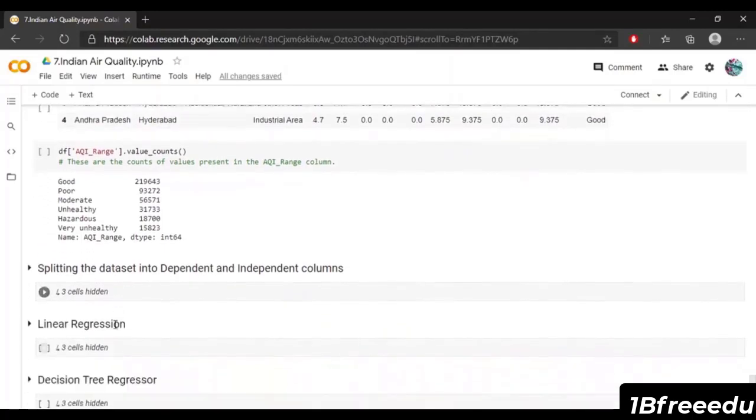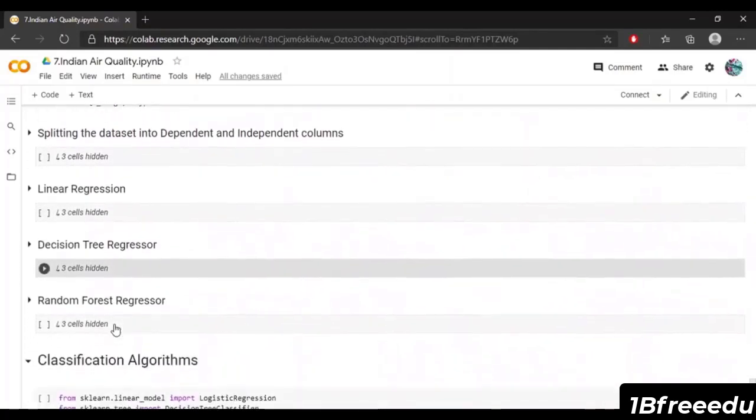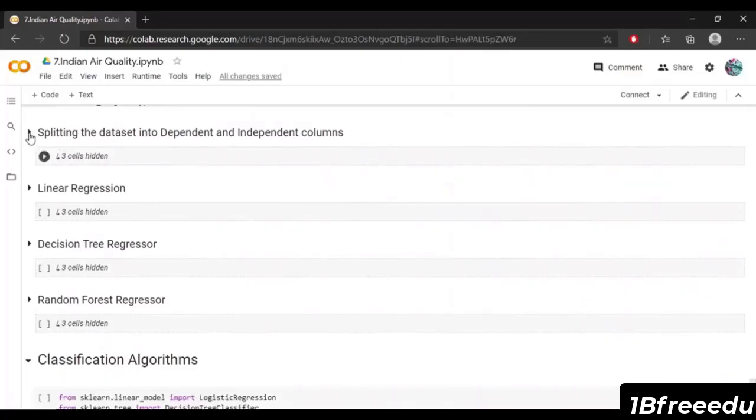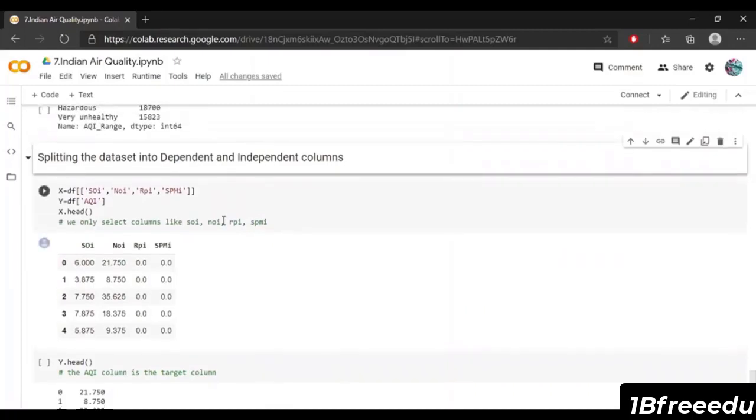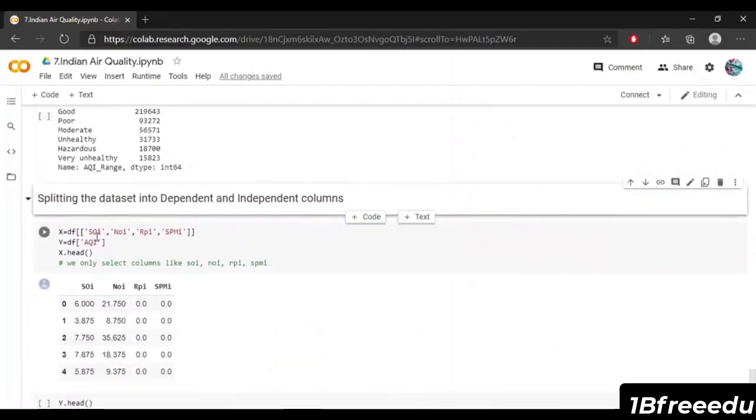And then what we have done over here is, in order to apply machine learning, first we have to divide our data into independent and dependent columns. So the other way is we can directly use these column names, and we have taken the SOI, all these index values of these particular pollutants, and we have assigned them as our independent columns over here, and these are our X values or X column names.